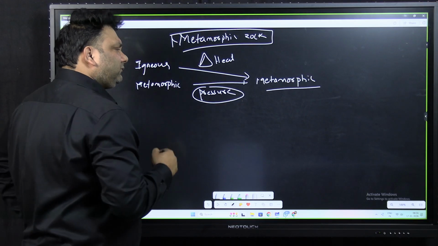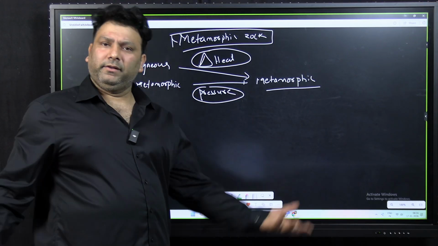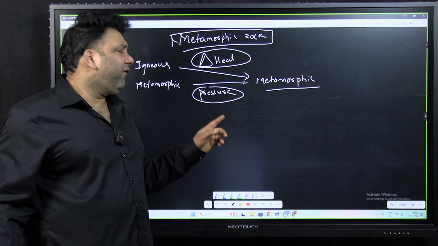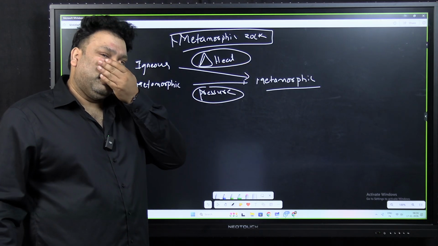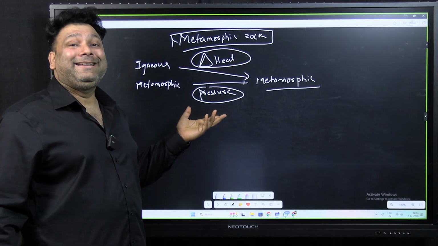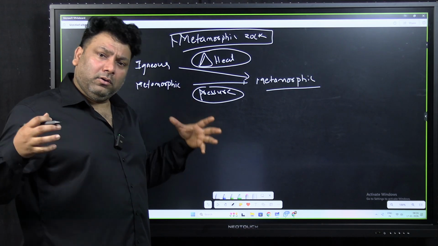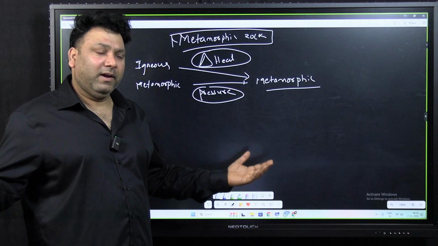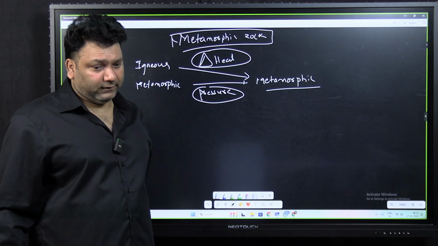Now, you'll have various types of metamorphism, which is not important for GS, but again, nothing wrong in knowing one or two terms. If it is formed more because of the pressure from all the sides, it is called dynamic metamorphism. If it is formed because of heat, it is called thermal metamorphism. Again, under this you will have various types, so don't get into all this.